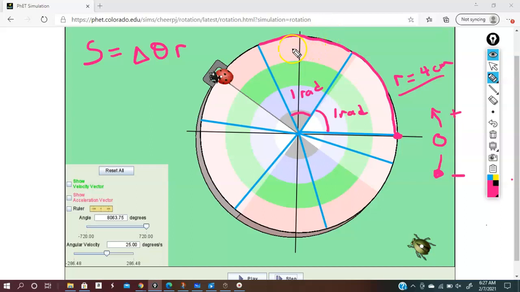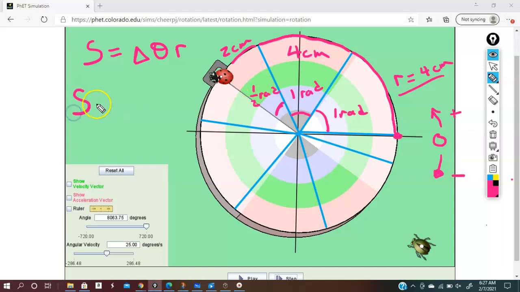And that again was another 4 centimeters because that's defined by the ladybug traveling the distance of 1 radius. And here, this angle is about a half a radian, and that would be half the distance around or 1 radius, so that would be 2 centimeters. And so we have this ladybug traveling this distance of 10 centimeters, but we can calculate that.